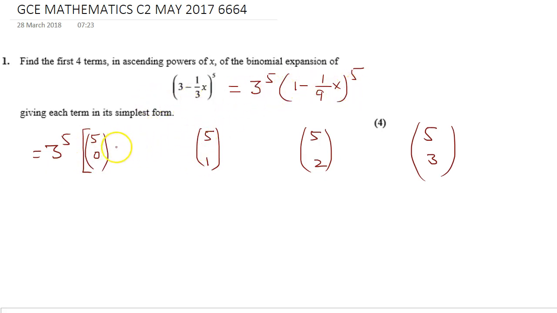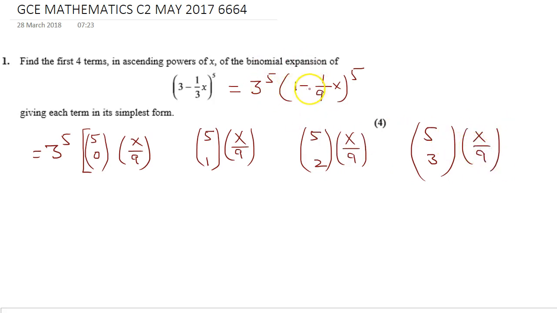Now we have x over 9, x over 9, x over 9 and x over 9. This is negative, so this is negative, negative, negative and negative.